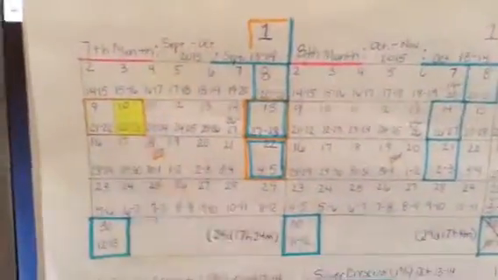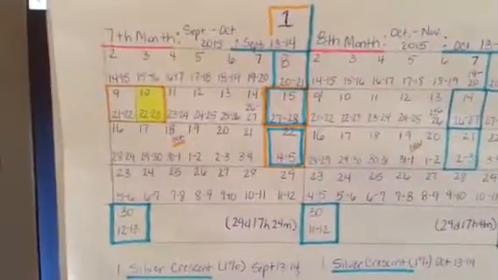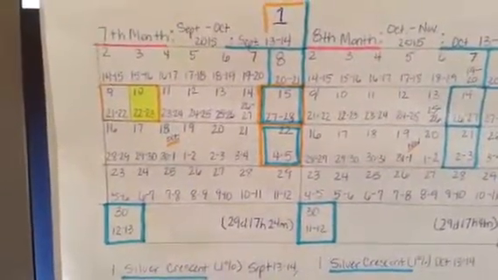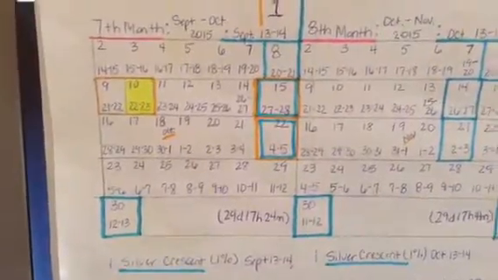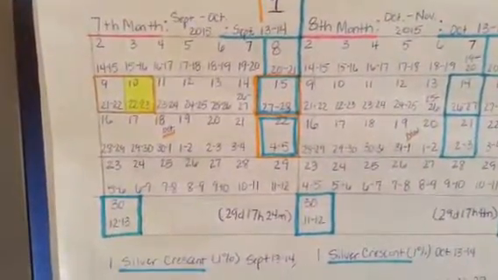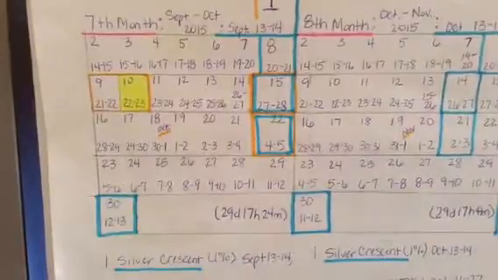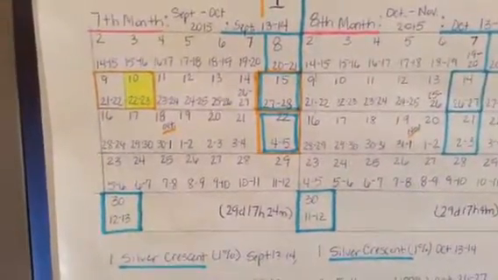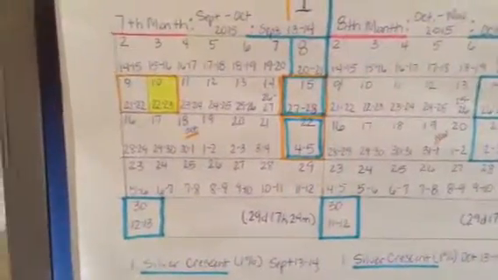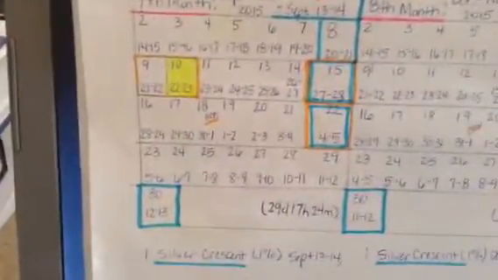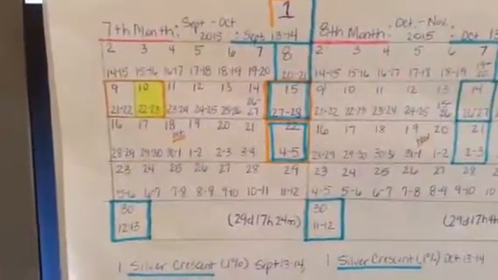Okay, the 7th month. Looking at the one that's highlighting yellow, that is my fall equinox. That's the day when you have night and day equal about 12 hours. Also, here in the 7th month, that day lets me know that's the last day of the 6th month of the solar year.